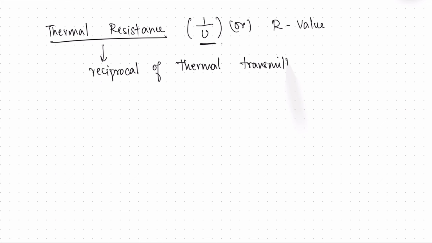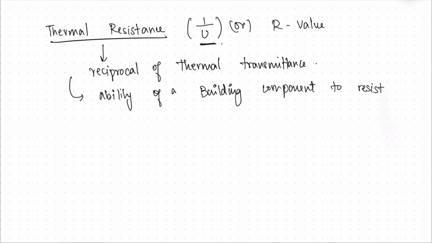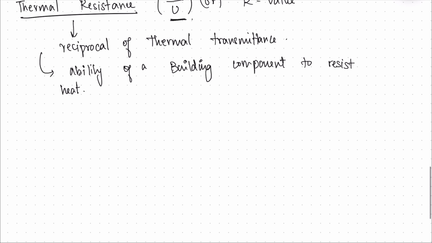So what does this mean? It is the ability of a building component to resist heat. So 1 by U can be written as, okay, before 1 by U, let's consider the U value.